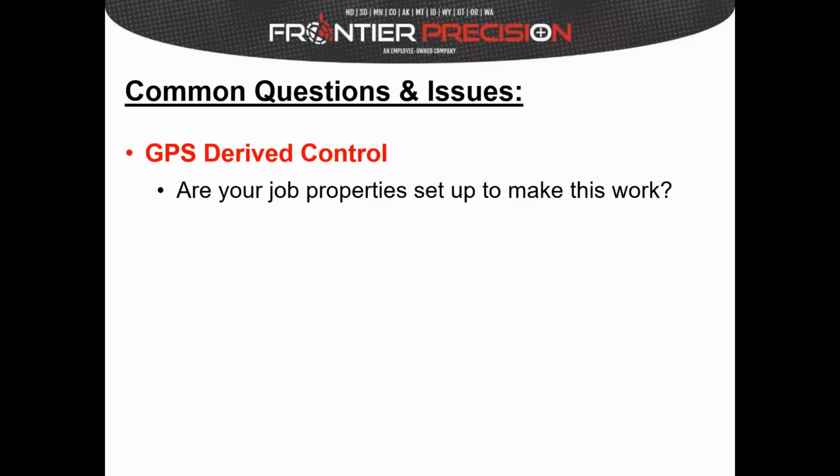Typically the issues are going to come from maybe incorrect project setup or some sort of procedure in the field. So the first question you need to ask yourself is if your job properties are set up to make that work. There are some nuances in there. I'll go through a few of them in a minute here, but first and foremost, is your job set up properly. You also need to know how accurate those GPS coordinates are.